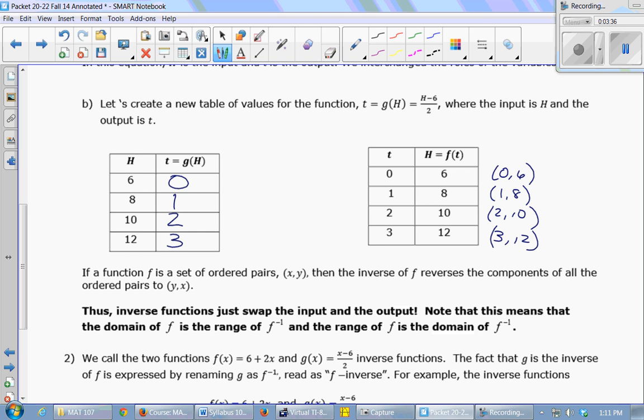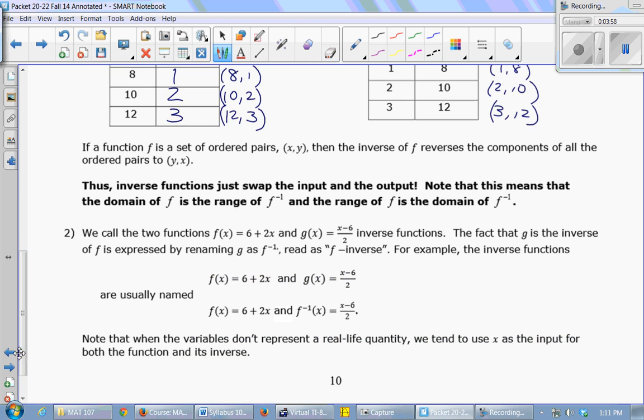So now (0, 6) becomes (6, 0). Right? So I have a point on the inverse function that switches the role of input and output. It just changes the ordered pairs. So this is (8, 1), (10, 2), and (12, 3).